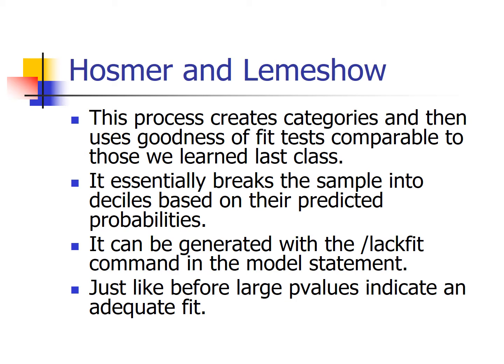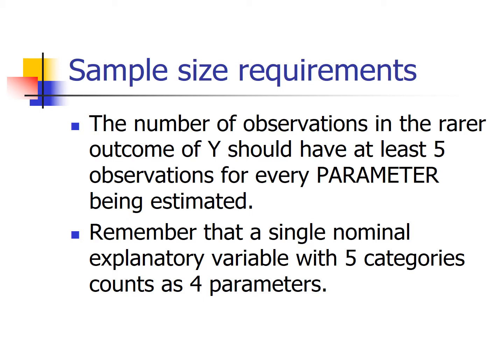We can implement this process using the /lackfit option in the model statement, and just like the other goodness of fit tests, large p-values will indicate adequate fit. Now, like all of our goodness of fit tests, really like most of the tests we've done in this class, this is using an approximate distribution, in this case an approximate chi-square distribution.